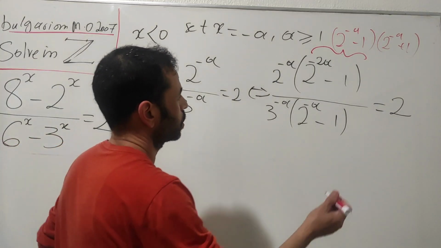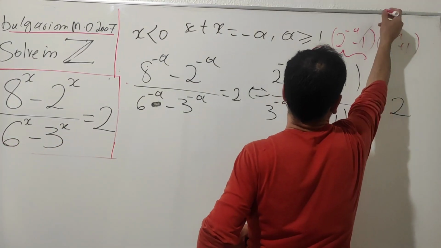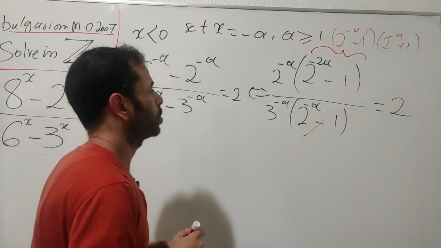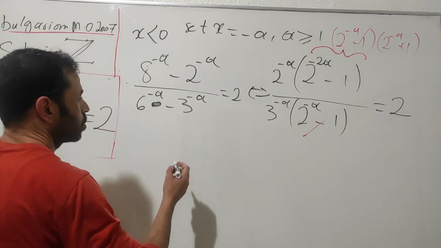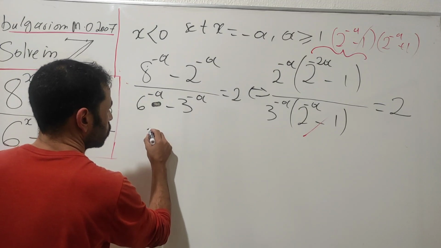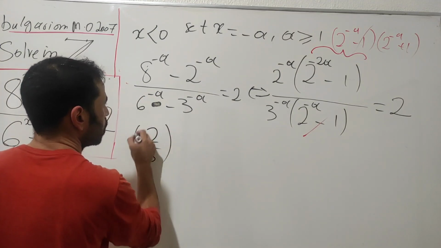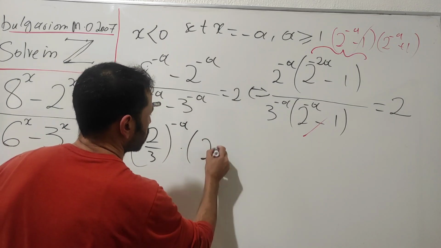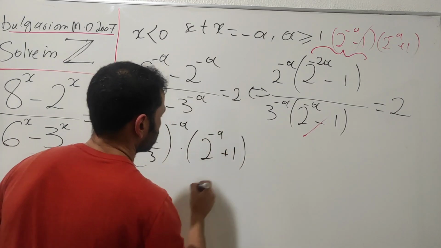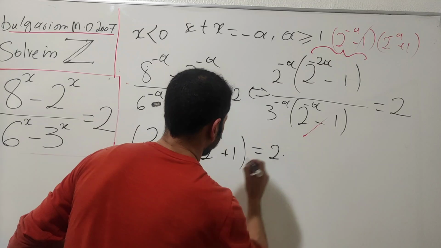Then cancelling one of these 2 to the minus a minus number 1 from denominator, I will be left with the following. So I get 2 over 3, all raised to the minus a, multiplied by 2 to the minus a plus number 1, which equals number 2.